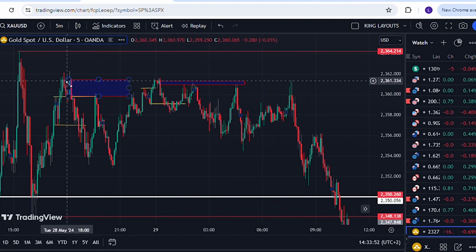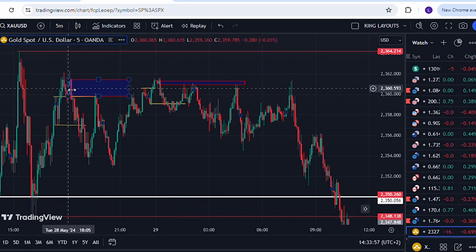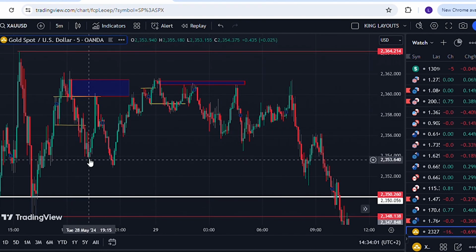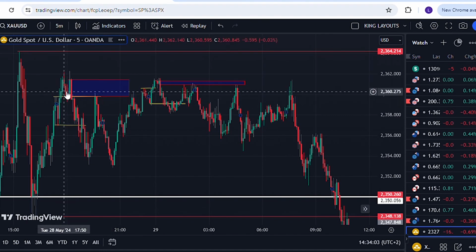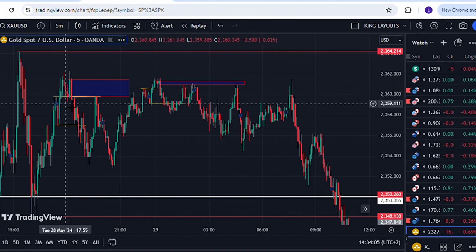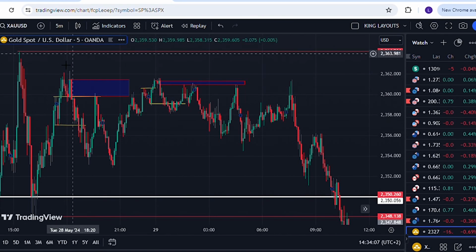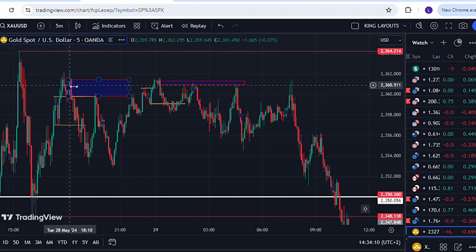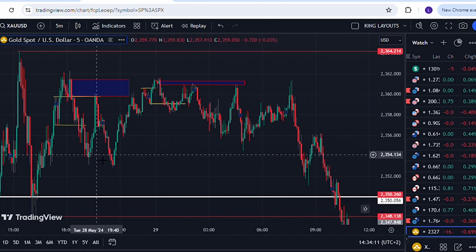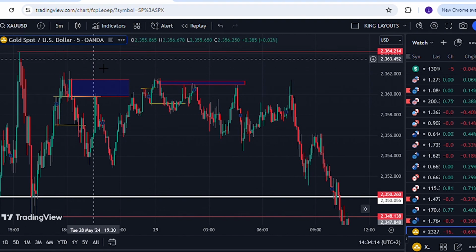So the last green candle before the drastic move down, the highest last green candle, which is this one, is your order block.